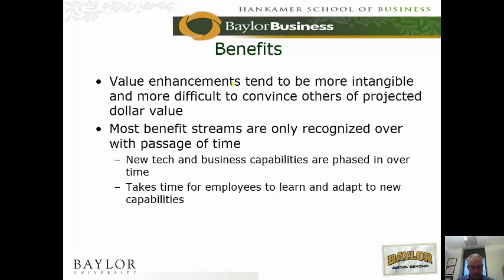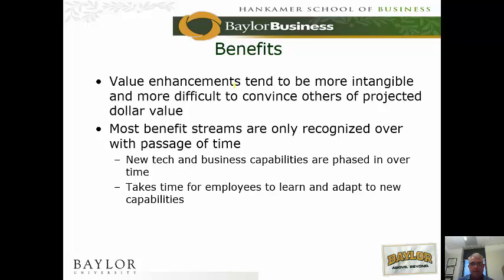I would say that value enhancement type of benefits tend to be more intangible and oftentimes may be more difficult to convince others of projected dollar value. So, at Baylor, we implemented a new learning platform, Canvas, and we picked that over a company called Blackboard.